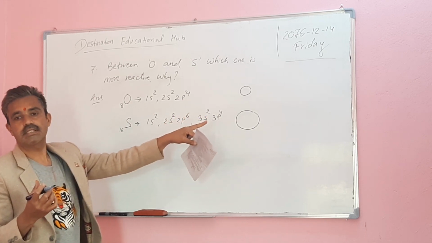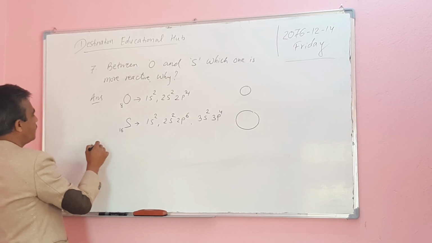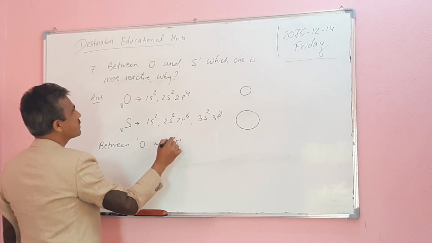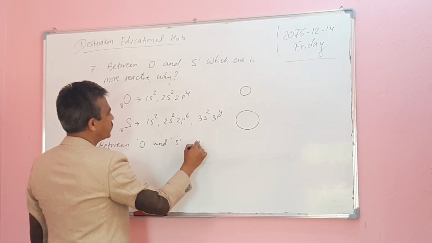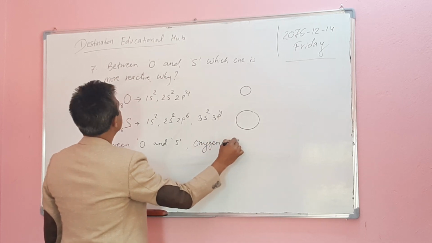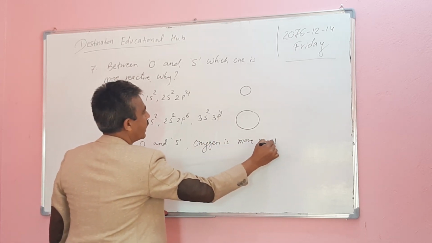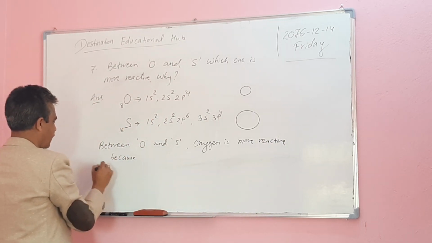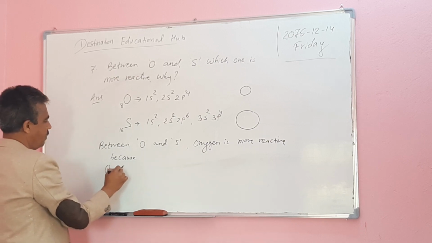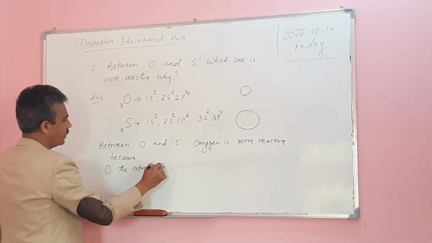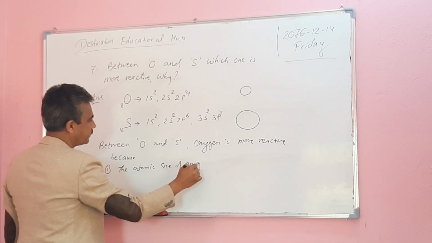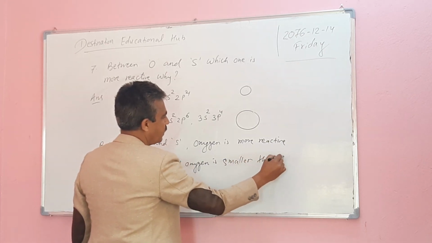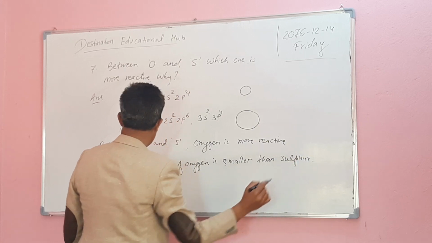So here we can write, between O and S, oxygen is more reactive. Why? Because first point, the atomic size of oxygen is smaller than sulfur.